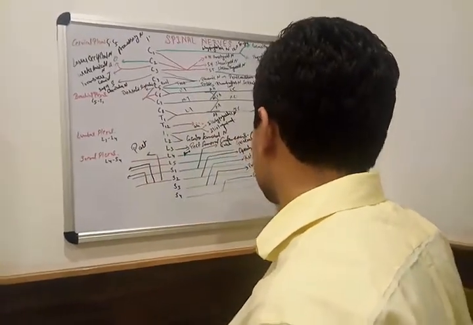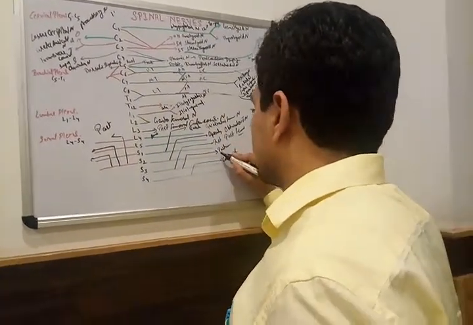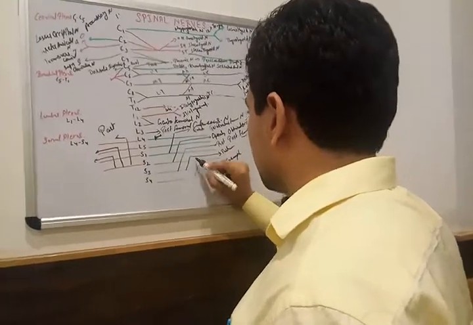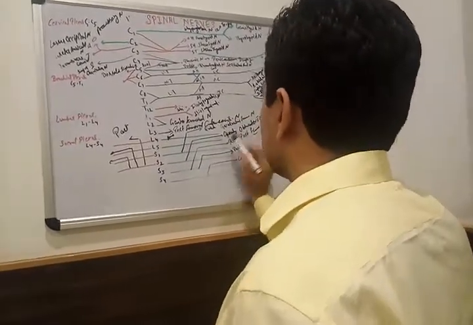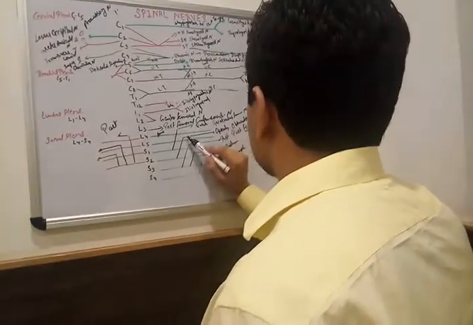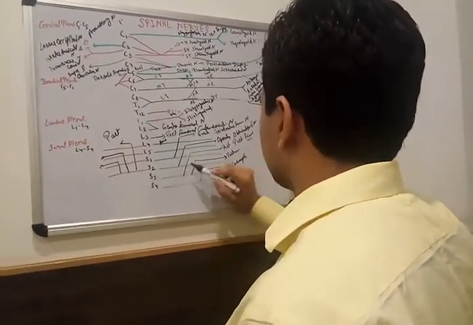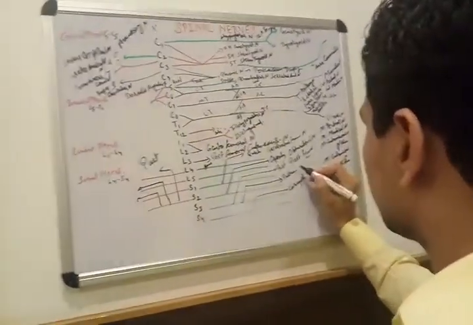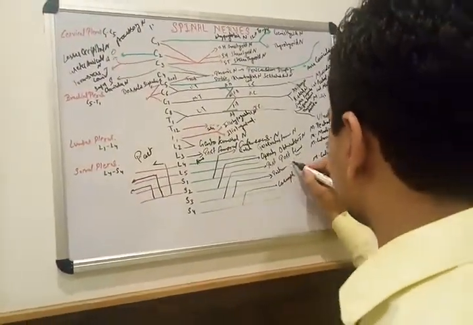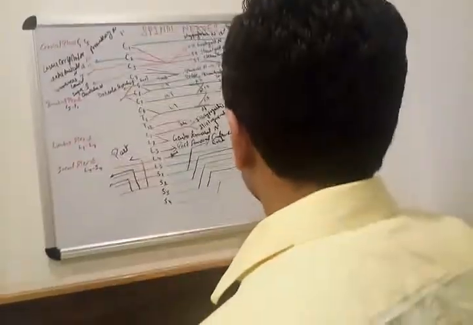Wait a minute. Quadratus femoris is from L4, L5, S1, and the obturator internus is from L5, S1, S2. The posterior femoral cutaneous is from S3 and S4, and postpartum is the pudendal nerve.